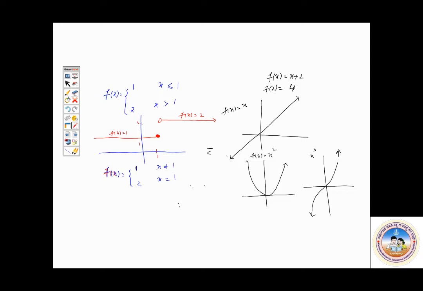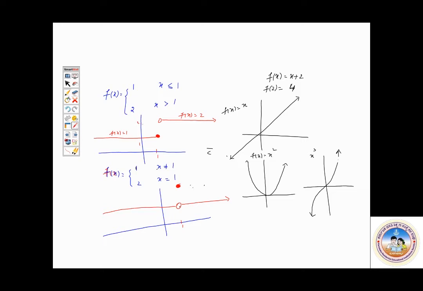Now I will consider before 1, this is 1, up to 1, and after 1 also 1, but at x equals 1, its value is 2. Now identify the various curves given in this case. In each case, I have discussed the curve.